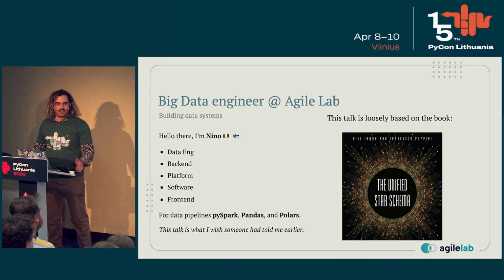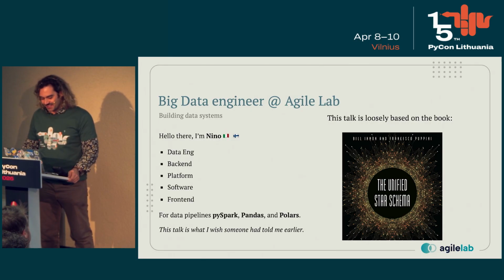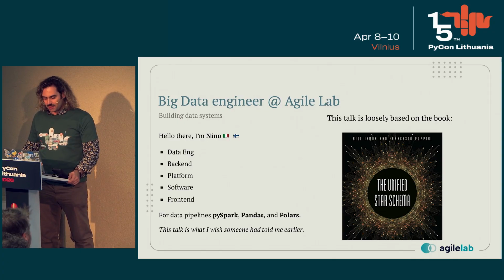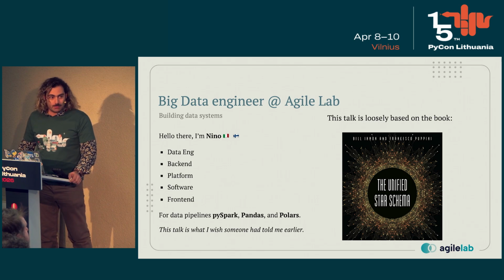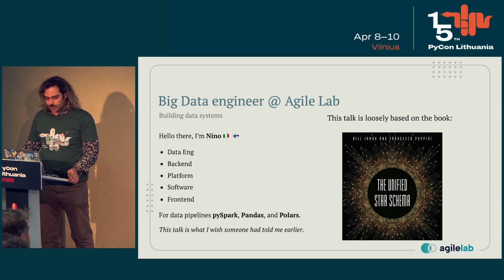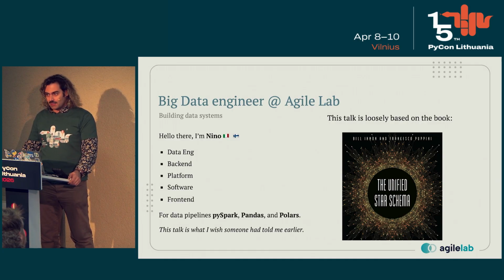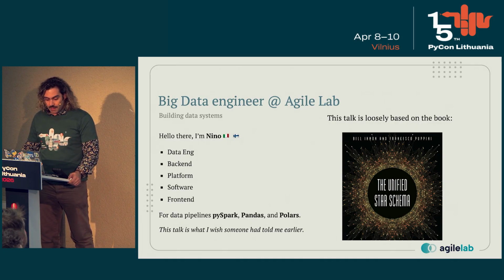I'm Nino, an Italian big data engineer at Agile Lab. We are a consultancy firm, and so we're building data systems. In this company, I have the opportunity of wearing different hats, and for my data stack pipelines, I've used mostly PySpark, Pandas, and Polars.